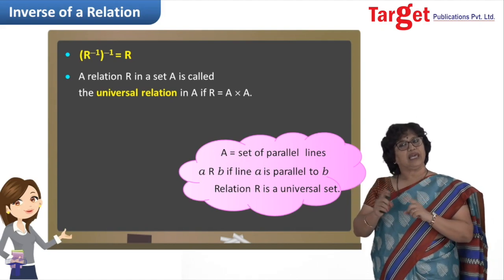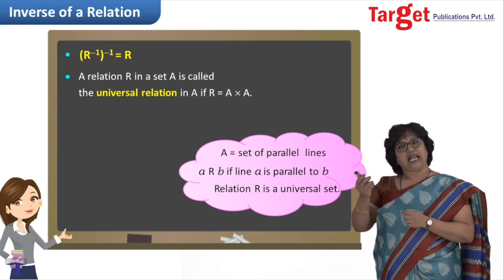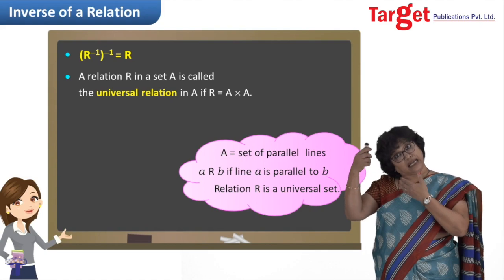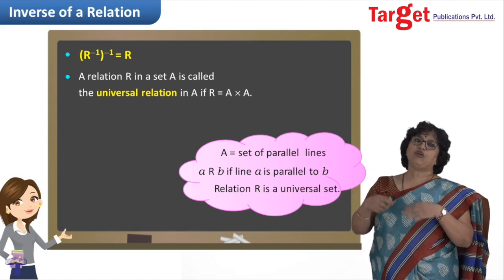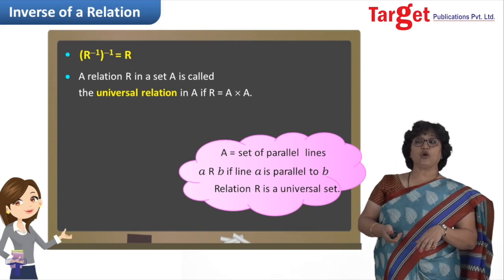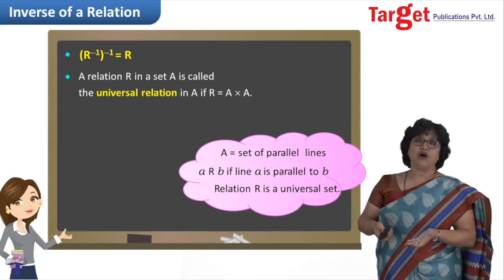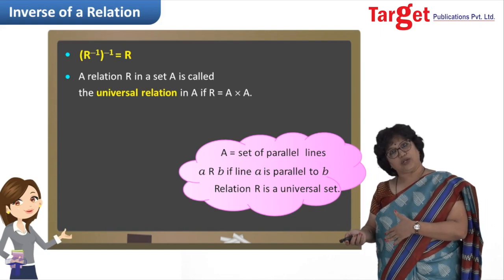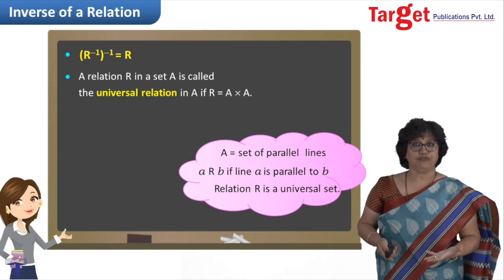You keep making pairs and you will find that line A and line B are given to be parallel to each other. So you pick up any two lines, every time you will get nothing but two parallel lines. So realize that R is nothing but A cross A. So what we are observing here is that R is the universal relation.